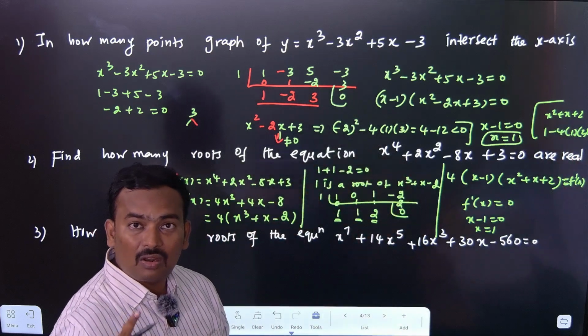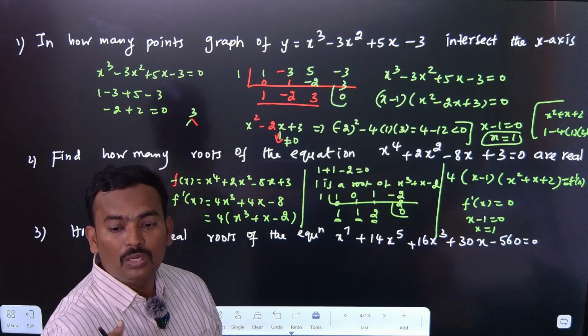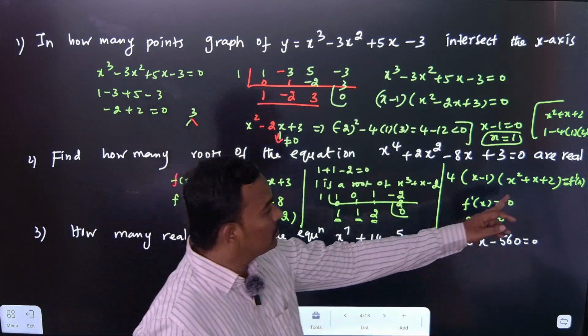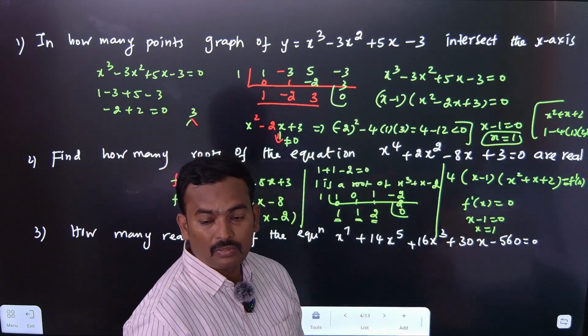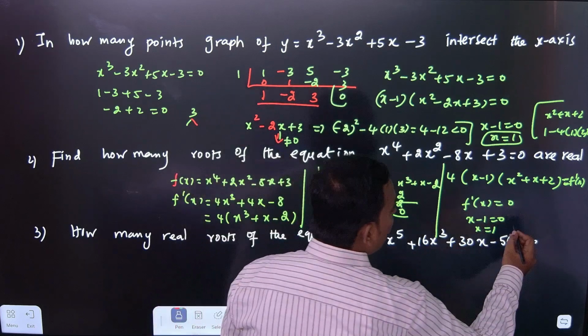It will not be equal to 0, so definitely you cannot find one more turning point. Therefore, only one turning point is there.